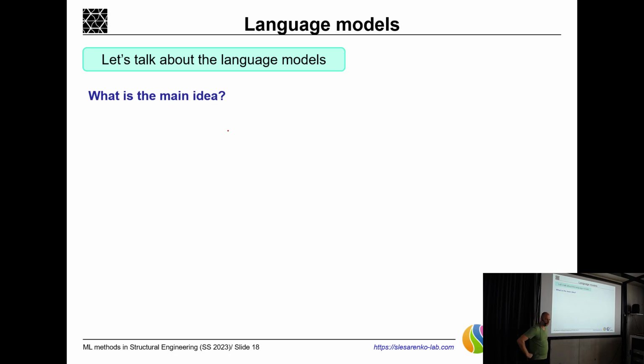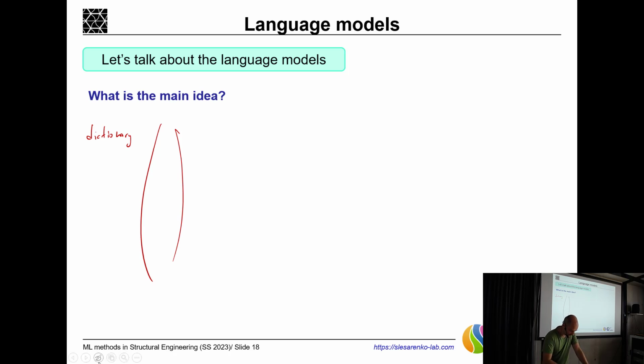So let's talk about language models. We talked about this a little bit, but the main idea in a language model is actually the following. We have our dictionary with a lot of words there. And we have our recurrent network.